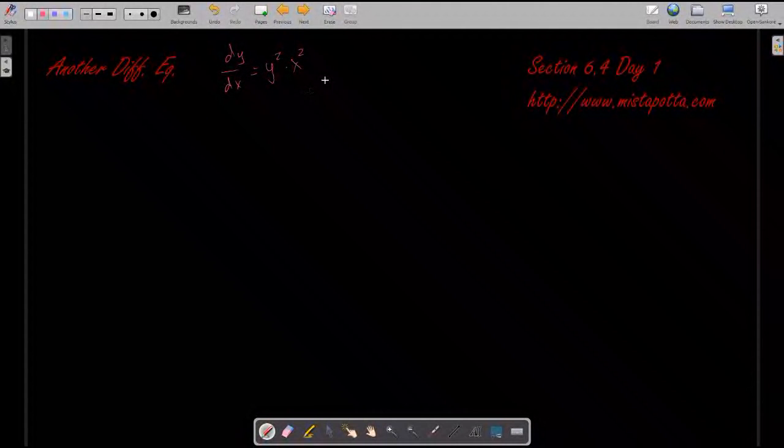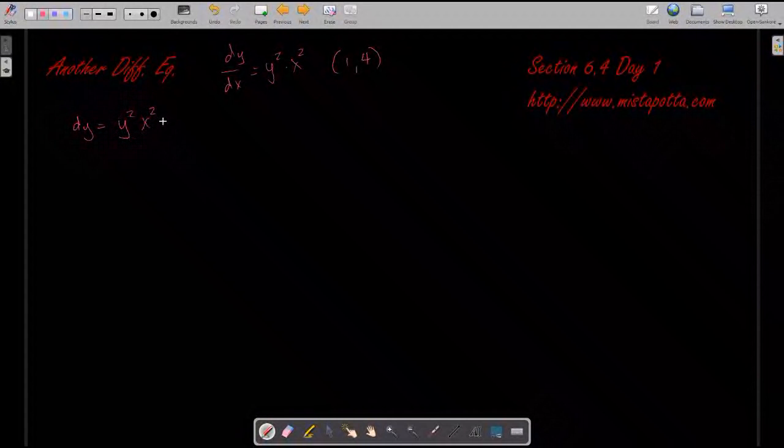And I know that it passes through the point (1, 4). So the first thing that I need to do is I need to separate these differentials. So I'm going to get all my differentials on opposite sides. dy equals y squared x squared dx.